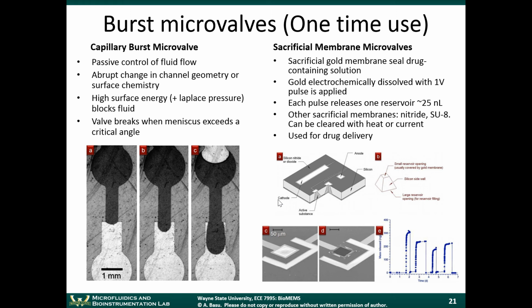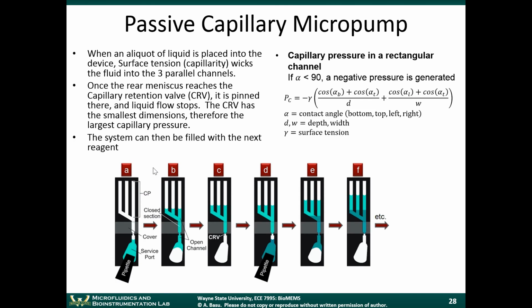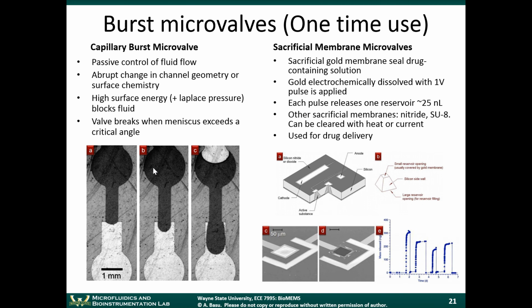The capillary burst microvalve talks about the passive control of fluid flow. It is based on an abrupt change in the width of the channel. We'll get to the details of this a little bit later, so I'll just describe it in general terms right now.